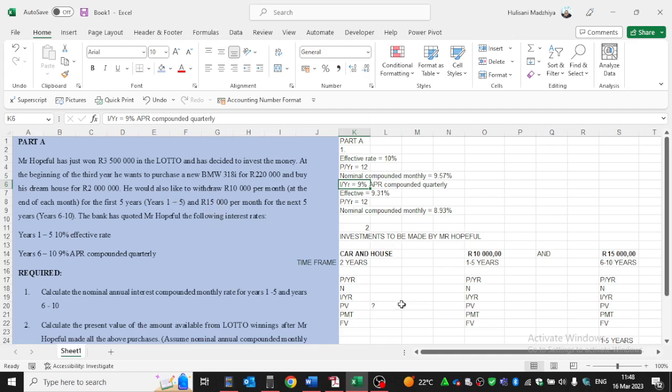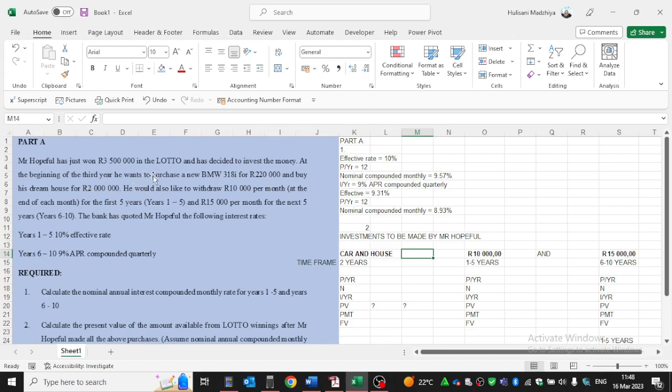So now on the first period, year 1 to 5, there are two different types of investment or transaction that are occurring. The first transaction is that in 2 years time you will need 2,220,000, which is 220,000 for the BMW and 2 million for the house.